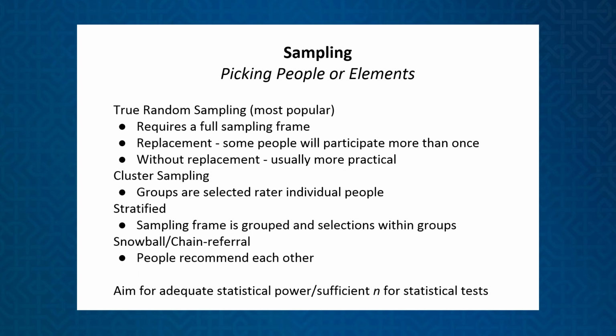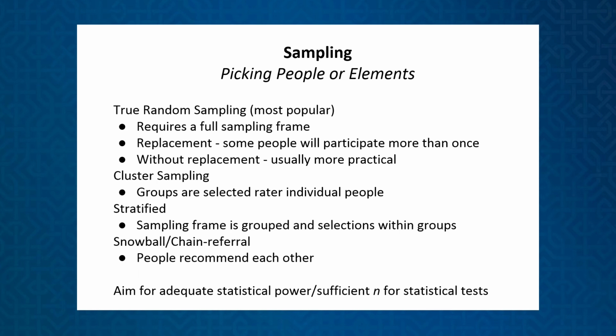True random sampling includes replacement. That means that every single draw of a person, as is usually the case in the evaluation sense, that person, that element, has an equal chance as every other element of getting picked. So whether that person or element has already been picked is irrelevant.